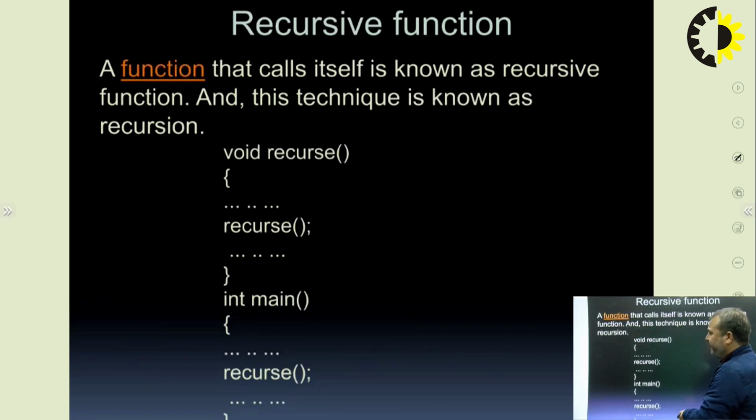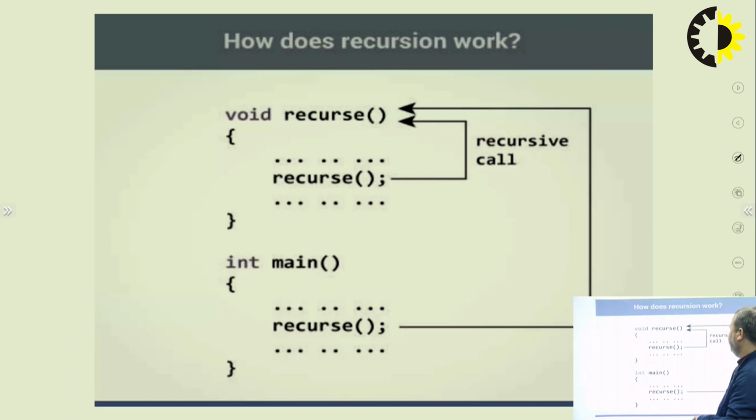Next is the recursive function. This is also a kind of function. Recursive means if you define something in terms of itself, this is called recursion. So if a function calls itself, this is called a recursive function. Like here, recurse calls recurse, so this comes under the category of recursive function.